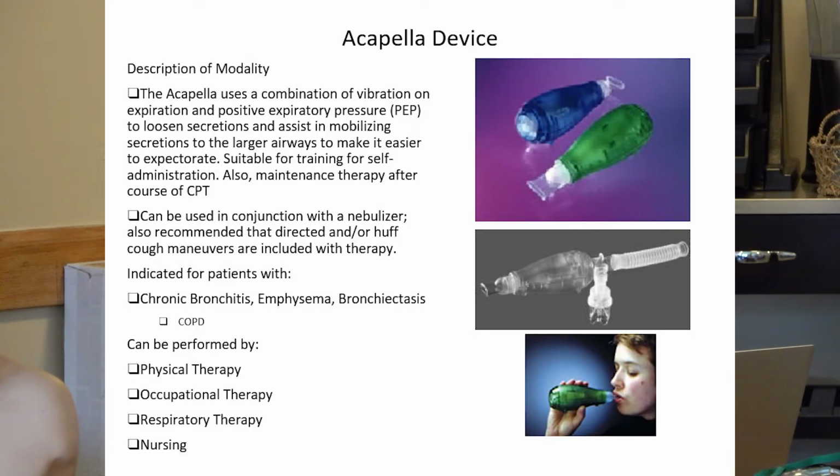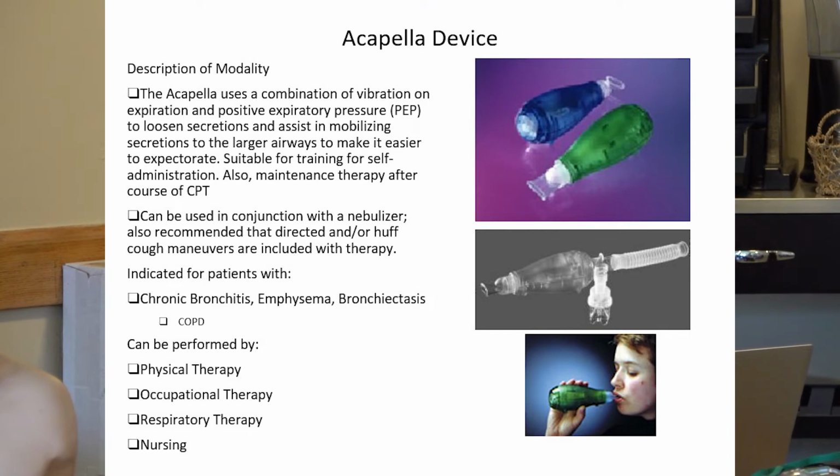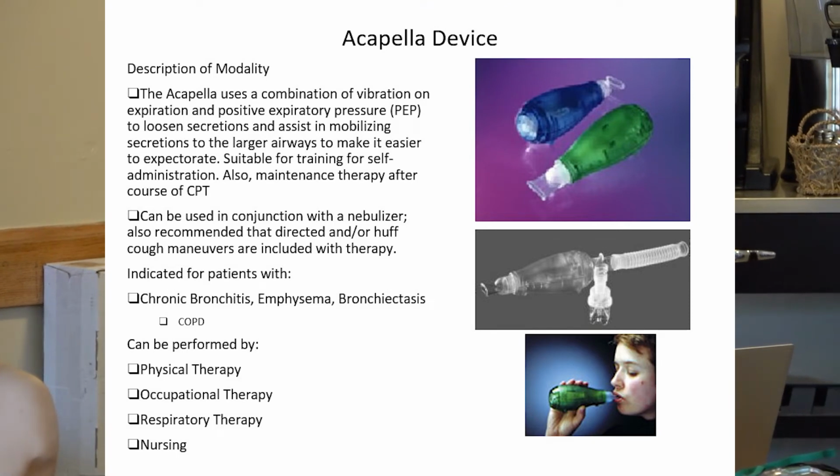The goal with these devices, again, is self-management at the end of the day. Here's the indicator: typically my bronchitic patients, patients with emphysema, those with bronchiectasis. Who can do it? PT, occupational therapy, respiratory therapy, and nursing. Who are we going to see actually implementing it typically?